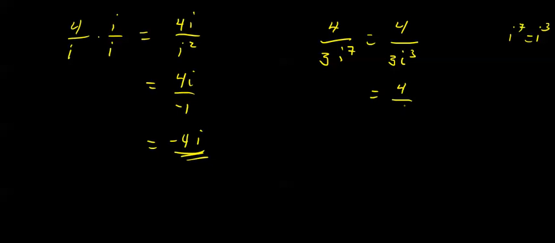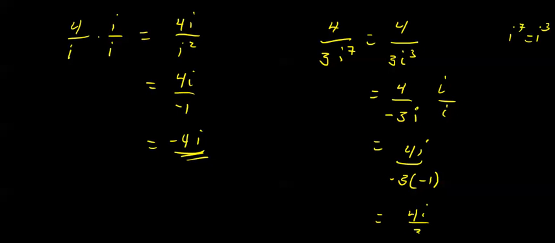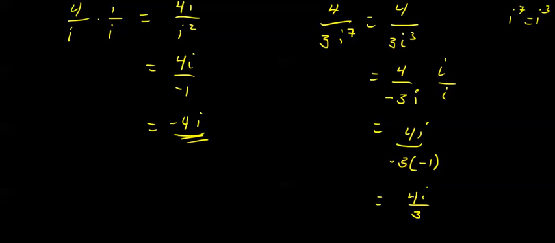So it's 4 over negative 3i. And now I multiply top and bottom by i, because i times i is negative 1. 4i over negative 3 times negative 1, since i squared is negative 1, or 4i over 3.